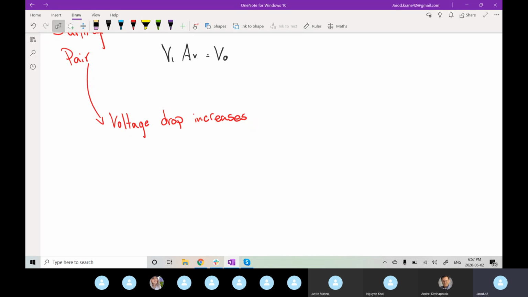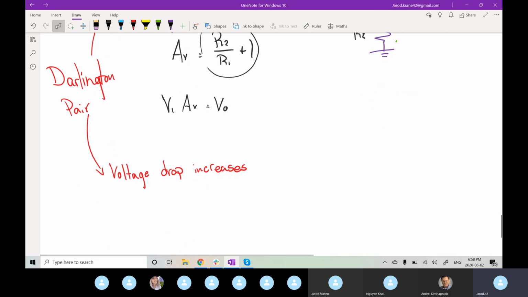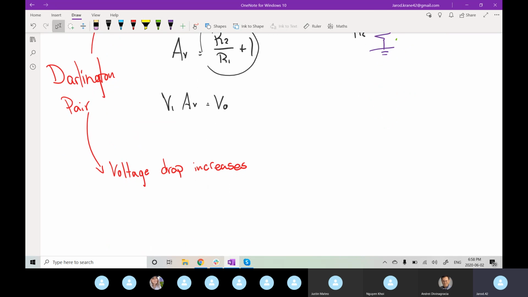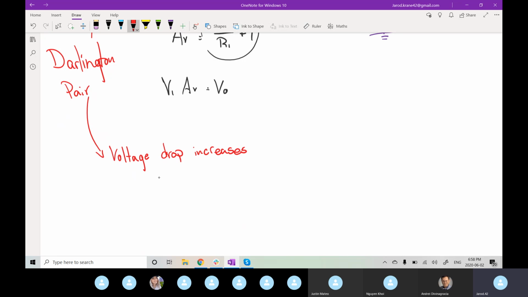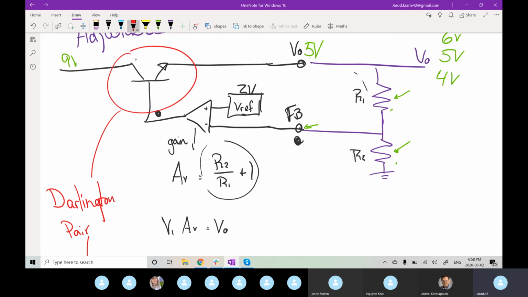So that being from your standard 0.7 to 1 volt, we will now see voltage drops of 1.2 to potentially 2.5 volts across our transistor.